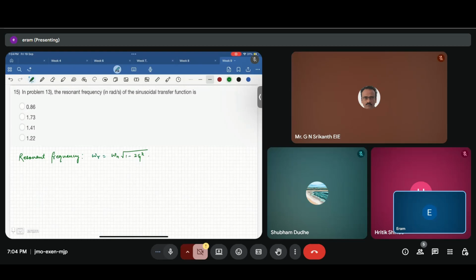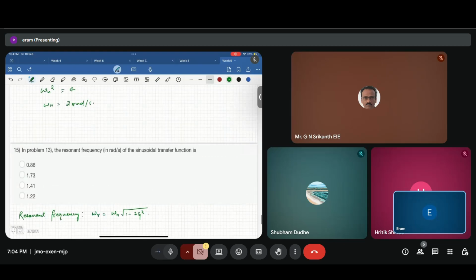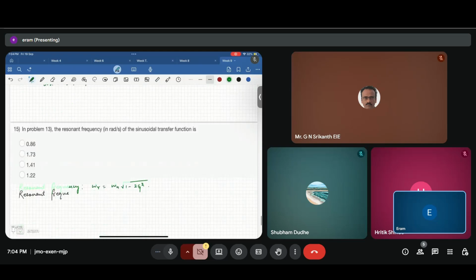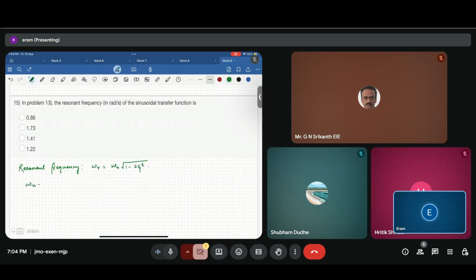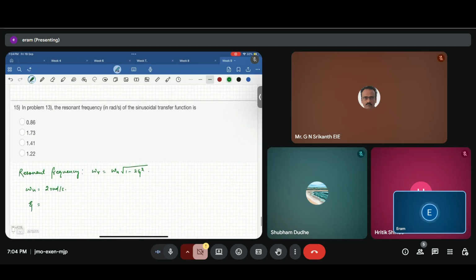All right, so let's calculate it. Omega n we already calculated, it was equal to 2 radian per second, and zeta, so for this to hold, zeta should lie between 0 to 1 by root 2, because then only this under root term will be positive.